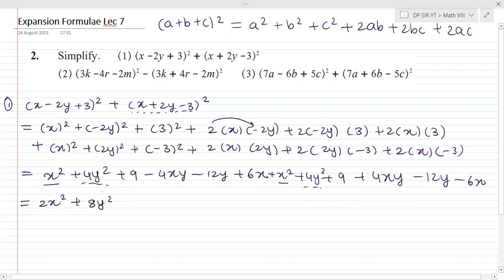And what else? Plus 9 plus 9, so plus 18, minus 24y. Understood? It's easy, don't worry.